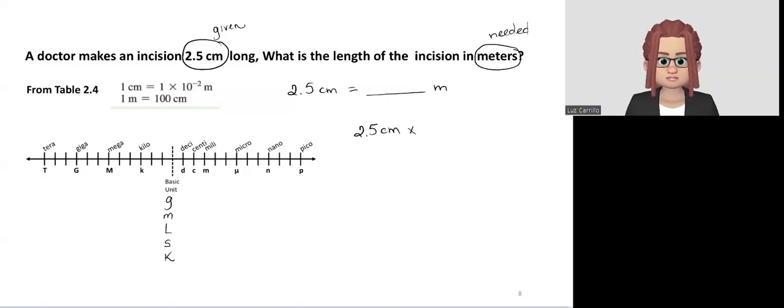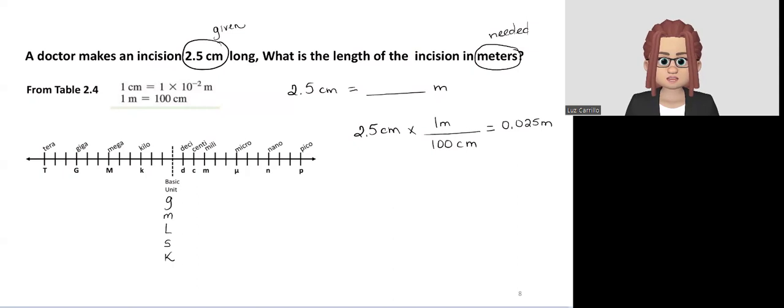I'm going to multiply by turning that equality into a fraction. In the bottom of the fraction, I'm going to write 100 centimeters. On top, 1 meter. So when I take 2.5 and I divide it by 100, I find a result of 0.025 meters.